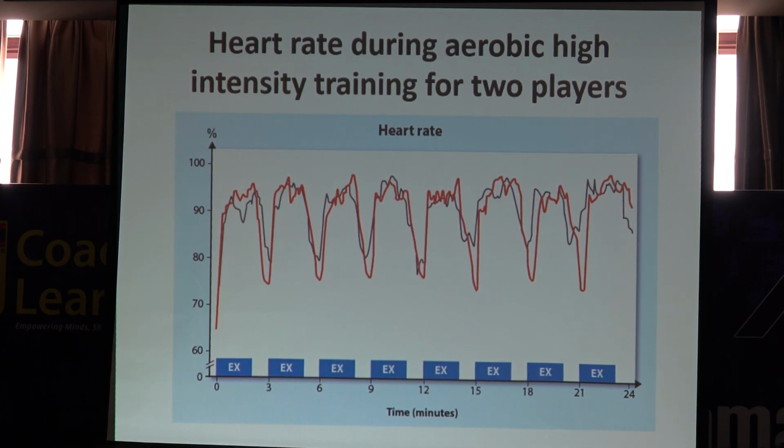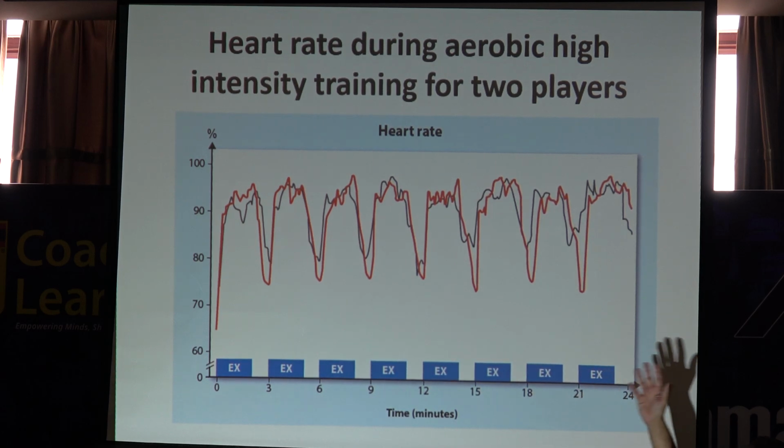This is what is required if we want to increase the maximum oxygen uptake, the ability to utilize fat as fuel, the structural and functional change of the heart, and the blood volume. This is the type of intensity that we should be aiming for.